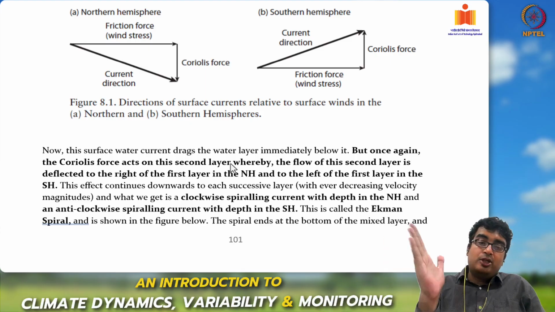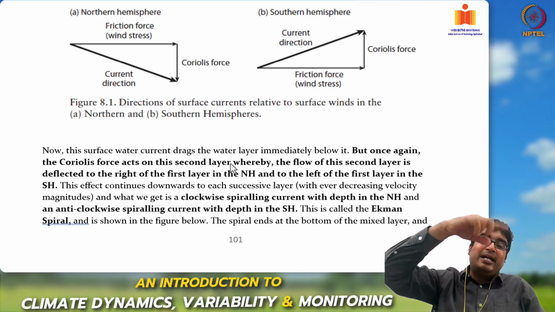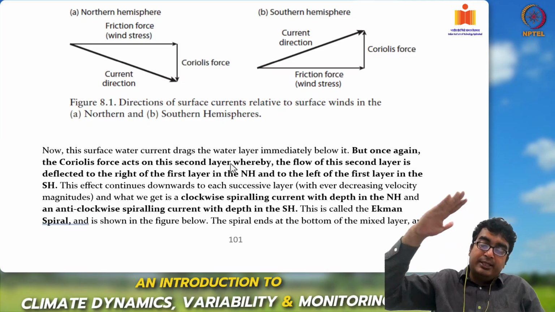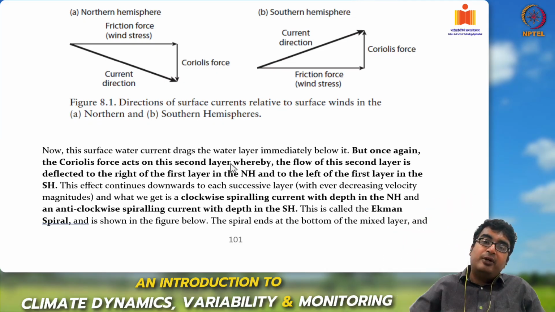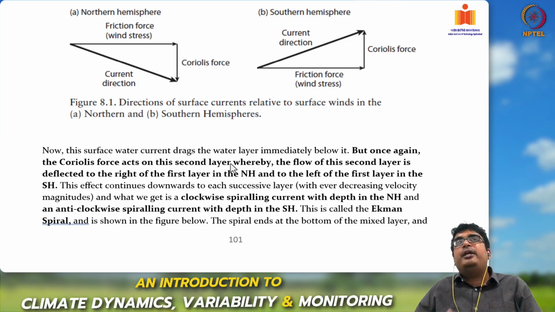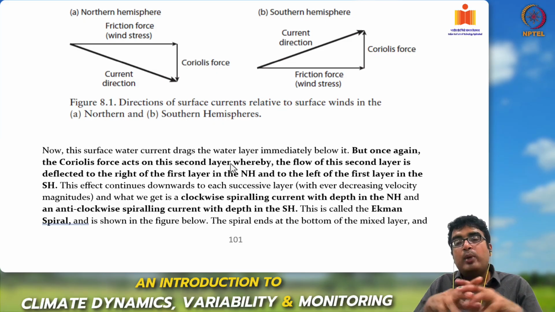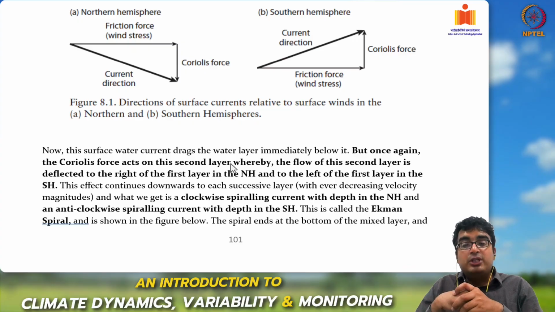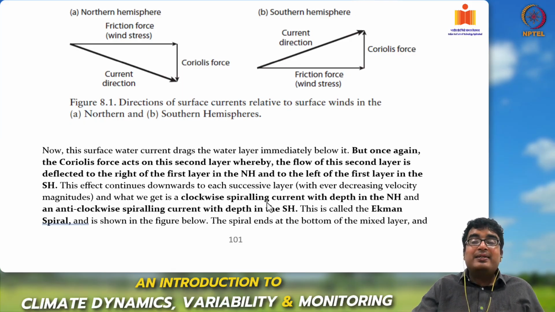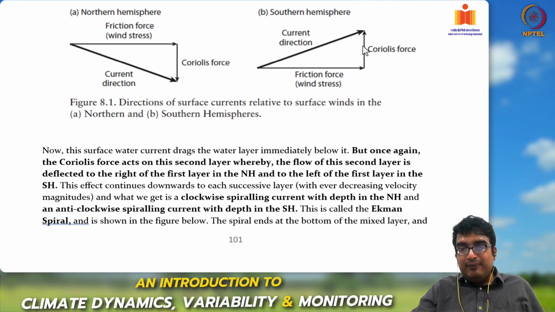And this process of moving continuously rightwards and continuously leftwards happens as we move further and further down, until the point where we reach the bottom of the mixed layer, where the frictional force tends to 0. So what we have is a clockwise spiraling current with depth in the northern hemisphere. In the southern hemisphere, we have an anti-clockwise spiraling current with depth.